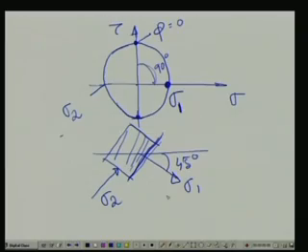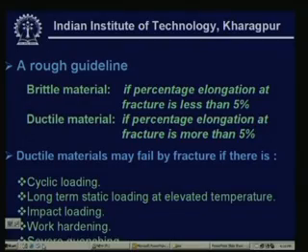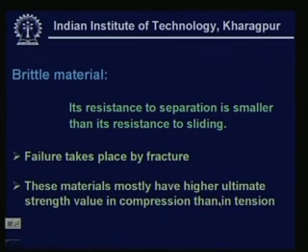So, what is happening? Its resistance to separation is smaller than its resistance to sliding. So, obviously, although it was acted upon by a pure torsion, in some plane at 45 degrees, as I have shown you earlier, there was the maximum principal stress.